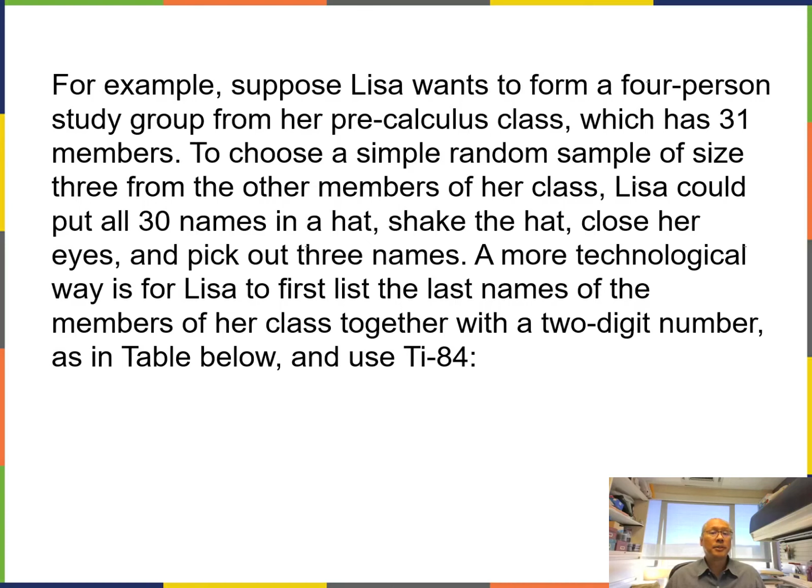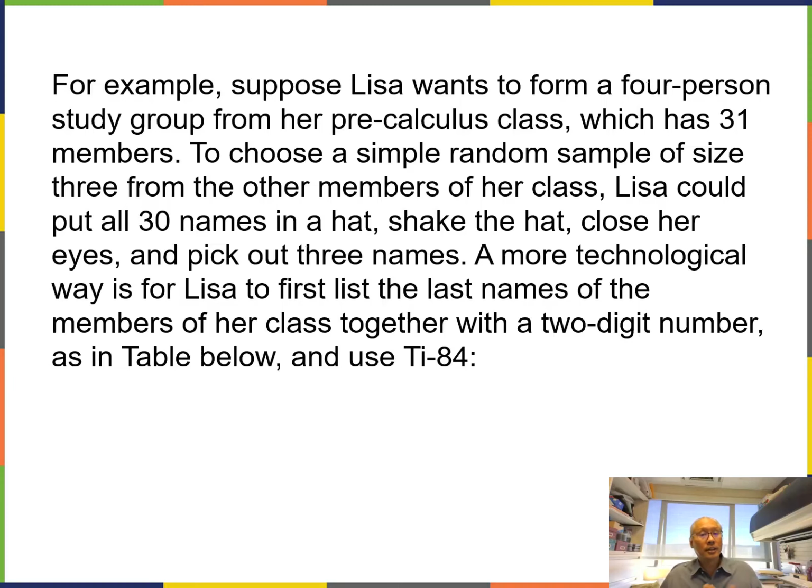Here's an example. Somebody wants to form a 4-person group for the pre-calculus class, and the class has 31 students. To choose a sample size of 3 from other members of the class, Lisa could put 30 names in a hat, shake the hat, close her eyes, pick out 3 names, and then there is your random sample.